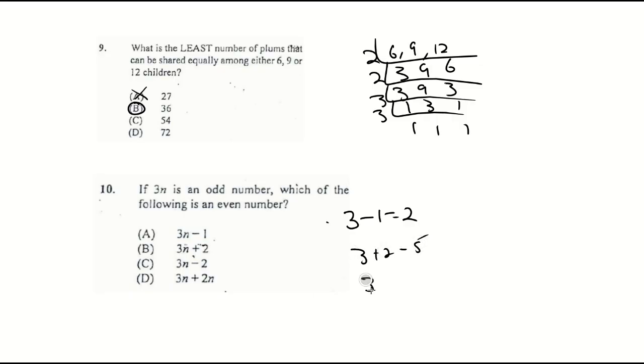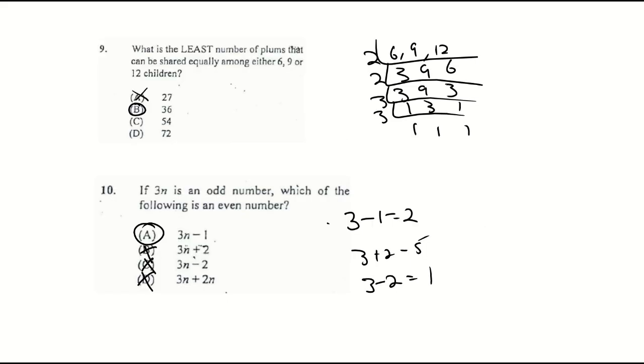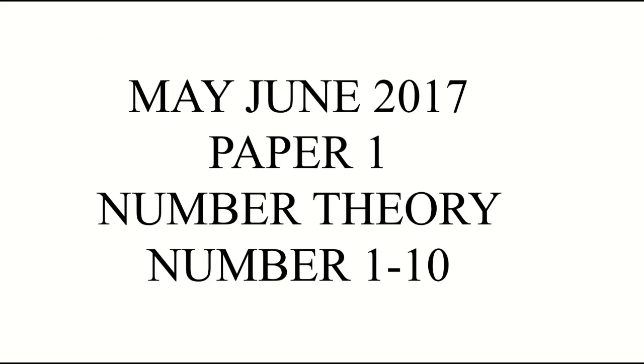What about 3 minus 2? That is giving you 1. We want even numbers. So we know for a fact that it's not this one, not this one. This one is giving you an even number. So I'll cross out D. So that would be your answer, A. Right? And that is the end of January 2018, 1 to 10.